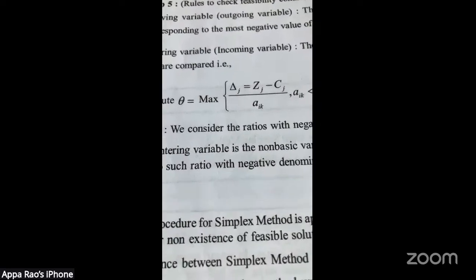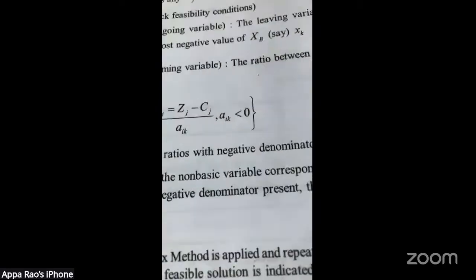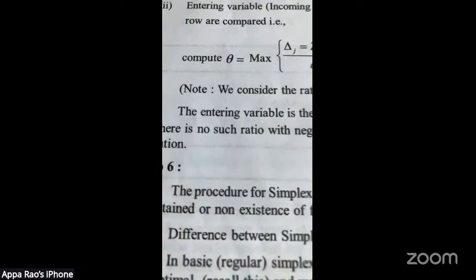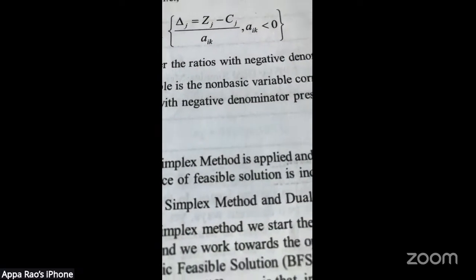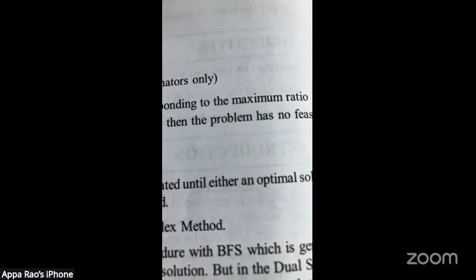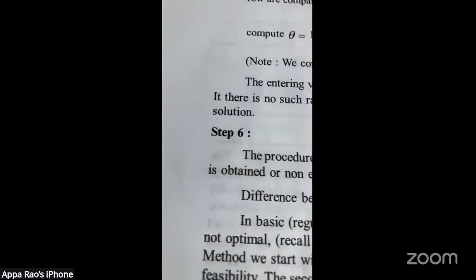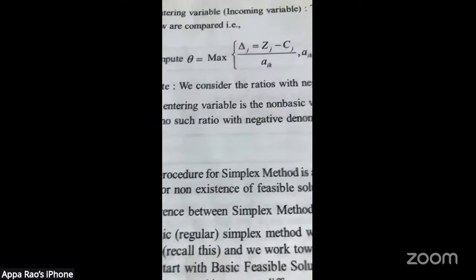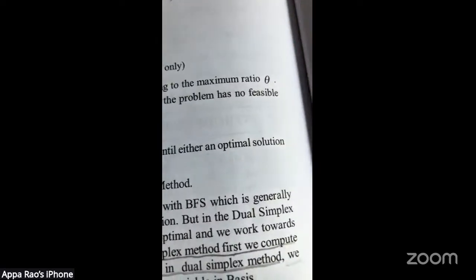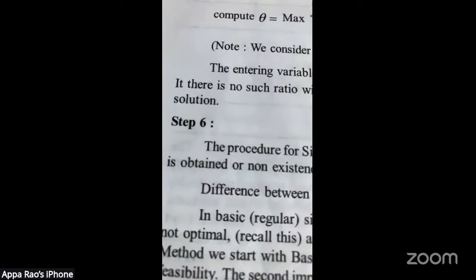Compute theta equal to the maximum of (zj minus cj) by aj, where aj is less than 0. Note, we consider the ratio with a negative denominator only. The entering variable is the non-basic variable corresponding to the maximum ratio theta. If there is no such ratio with a negative denominator, then the problem has no feasible solution.